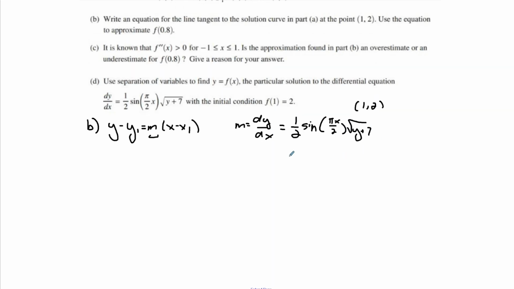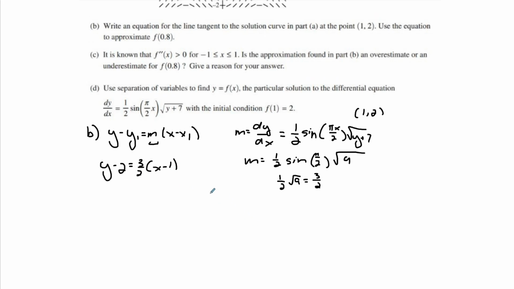So m equals 1/2 sine of pi over 2 times the square root of 2 plus 7, so the square root of 9. What is sine of pi over 2? It's 1, times that 1/2, you would get 1/2. So you'd have 1/2 square root 9, which gives us 3/2. Then y minus y1, which is 2, equals our slope 3/2 times x minus 1.